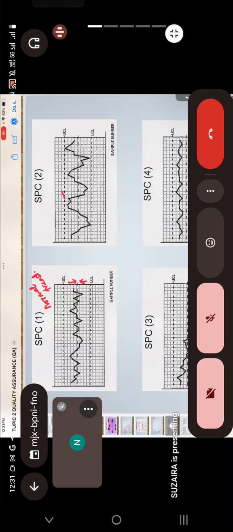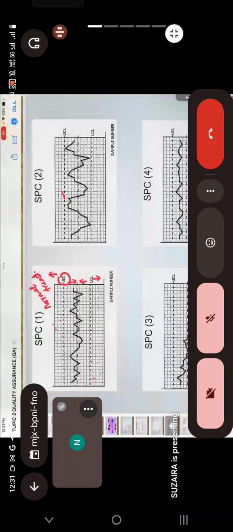It means you produce uniform products because you don't have any outliers that go beyond the UCL or below the LCL. So you don't have any outliers here, which is considered a good process.